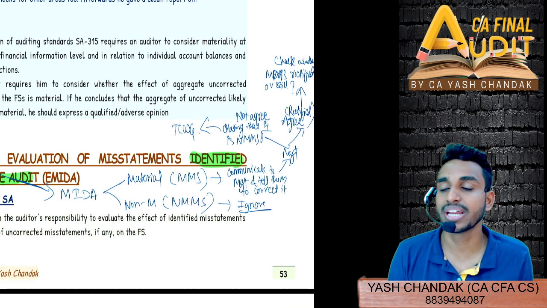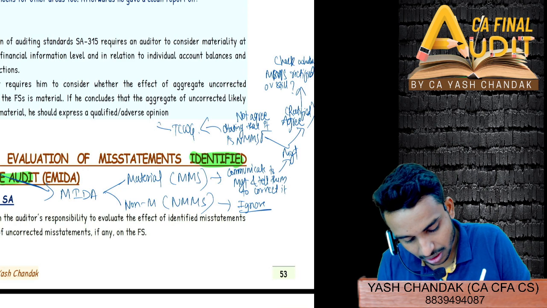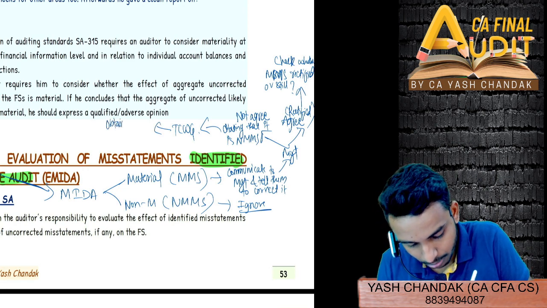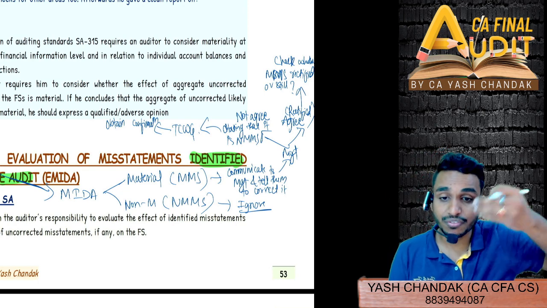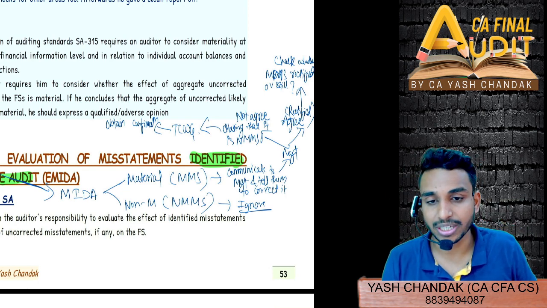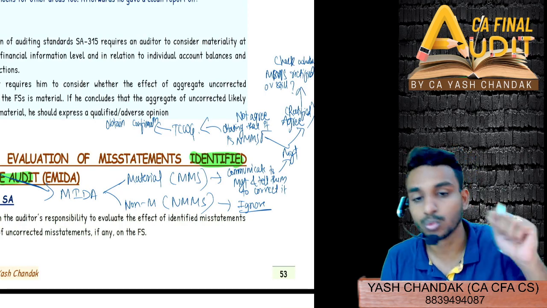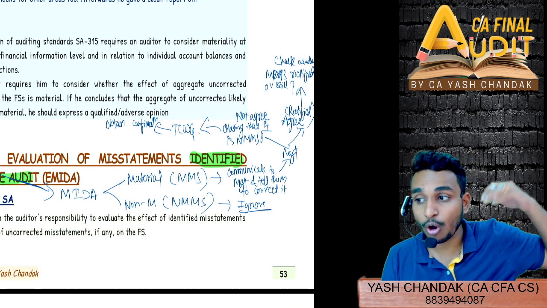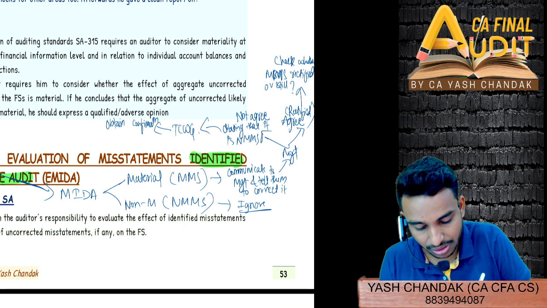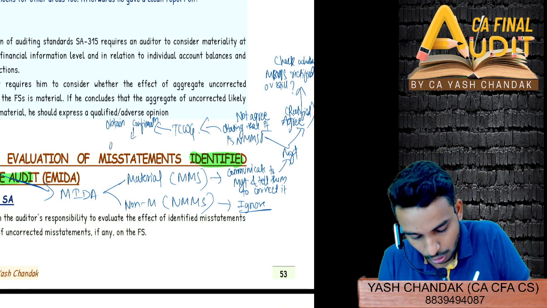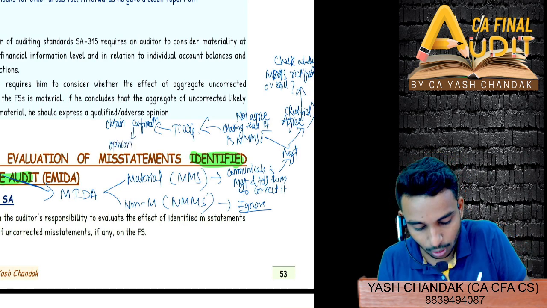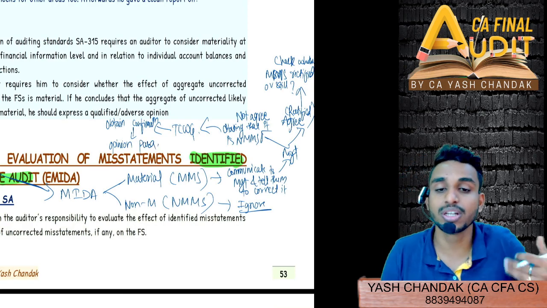If management still says that this is not a material misstatement, then we'll obtain a confirmation from the management or TCWG that this is a non-material misstatement according to them. And if we are still of the opinion that this is a material misstatement, this needs to be modified in our opinion, so we will then see in our opinion para what all points we need to include.